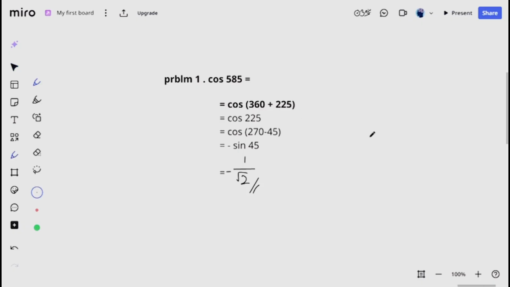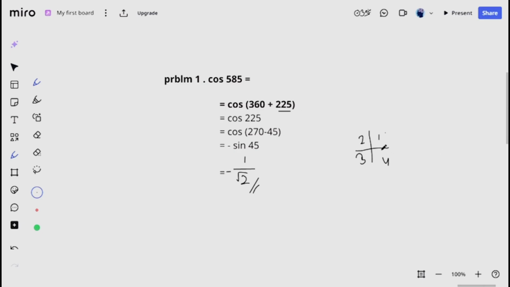I'm not going to open that, so let's just make a mini graph with quadrants 1, 2, 3 and 4. 360 lies there, and the plus theta comes in the first quadrant. We don't need the theta value here, we're taking 360 plus theta.